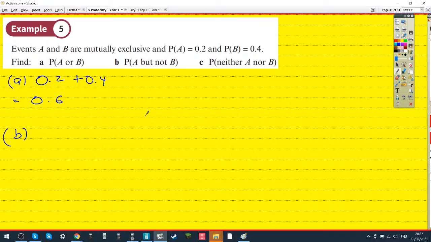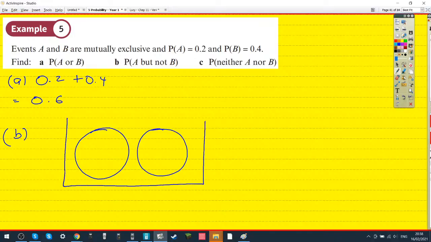A but not B. You could always do a Venn diagram. If they're mutually exclusive, that means they're not overlapping. And you have in A 0.2 and B 0.4. And so, what else do we have? Outside. Oh, it's 0.4.